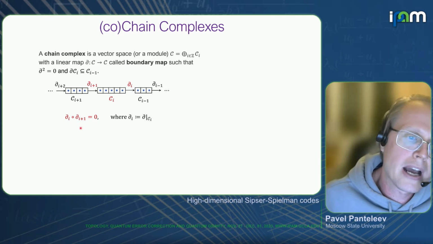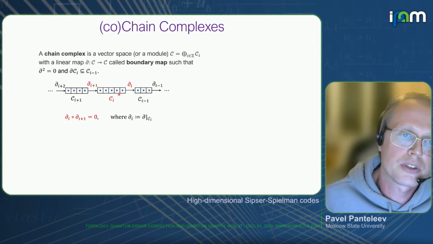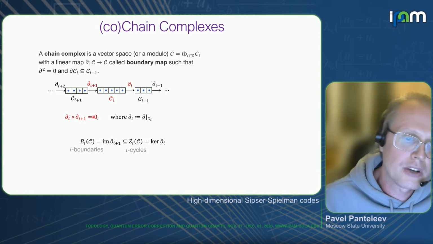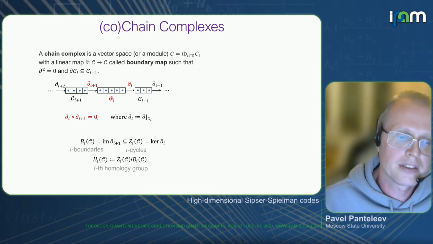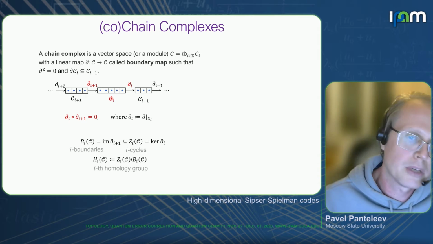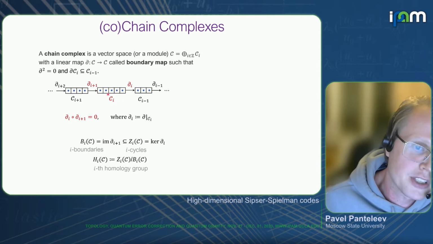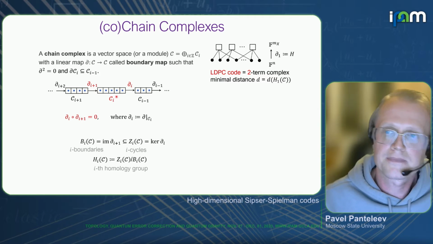And we also require the property that two consecutive applications of these linear maps give you zero. And this allows us to consider what are usually called boundaries and cycles, and also define the homology group for each segment of this chain complex.